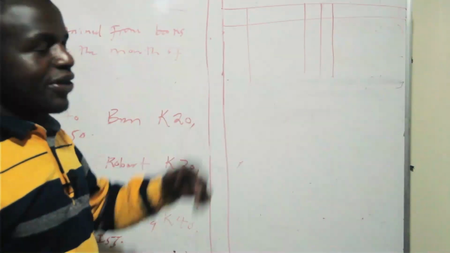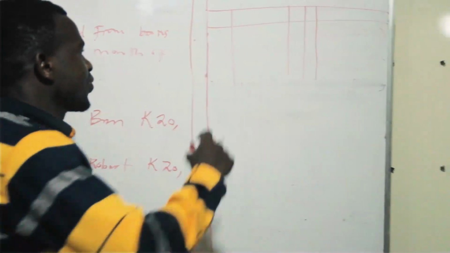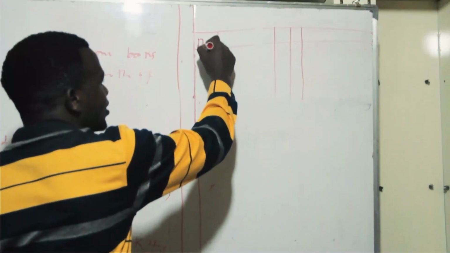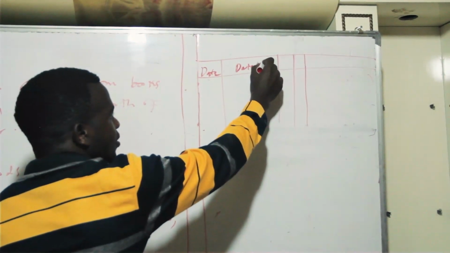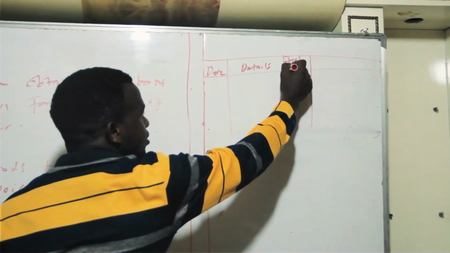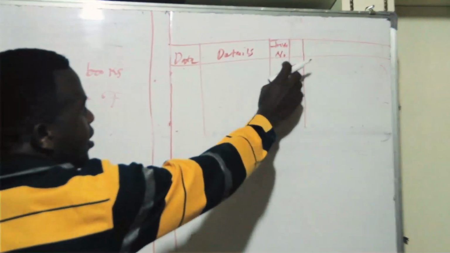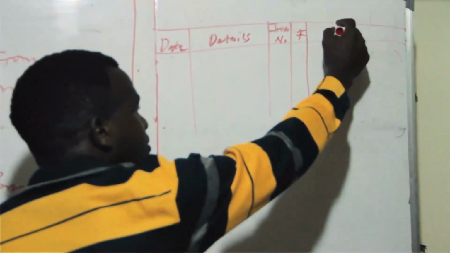Okay, so we're going to start with the formatting of the sales day book. In the first column, we have date. In the second column, we have details. In the third column, we have invoice number. Then in the fourth column we have folio, and in the last column we have invoice amount.